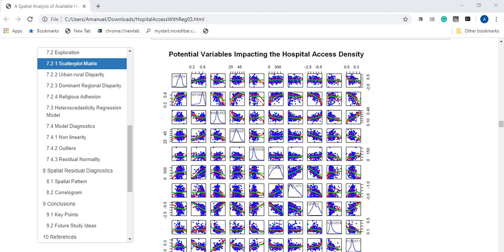The birth rate has a negative impact. Distance to Mexico doesn't seem to have any impact, and poverty has a negative impact on access.